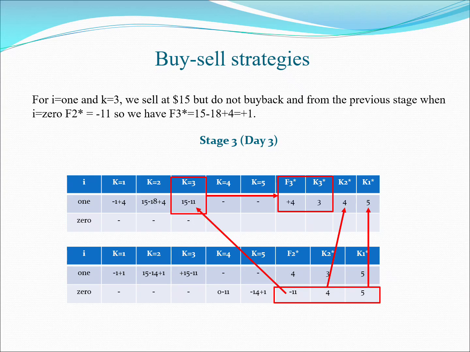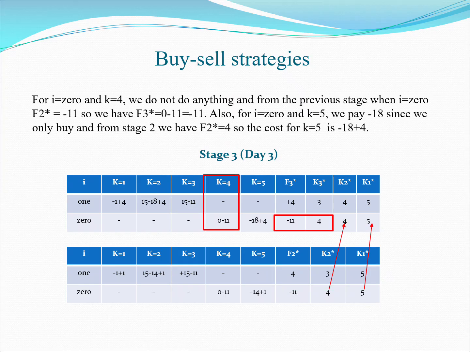For I equals 1 and k equals 3, we sell at $15 but do not buy back. And from the previous stage, when I equals 0, f2 star equals negative 11. So we have f3 star equals 15 minus 18 plus 4 equals plus 1.